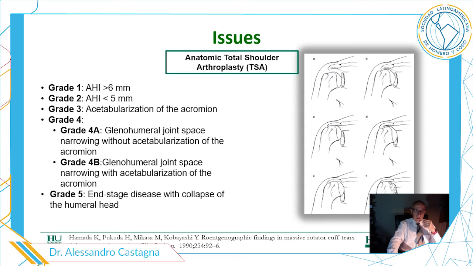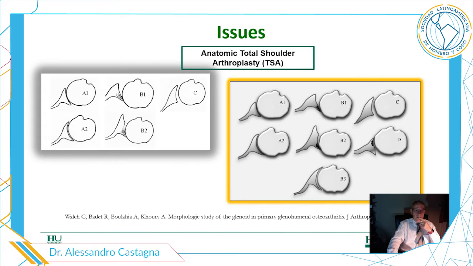Always check then with your X-rays. The AMADA classification is providing us good information about it, but also with the CT scan and the Walsh classification, double check about the static posterior subluxation of the glenoid that plays a role in making a failure of total shoulder in the mid and long run.